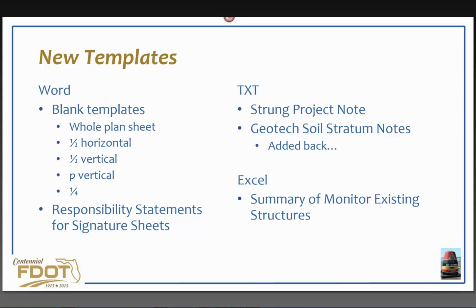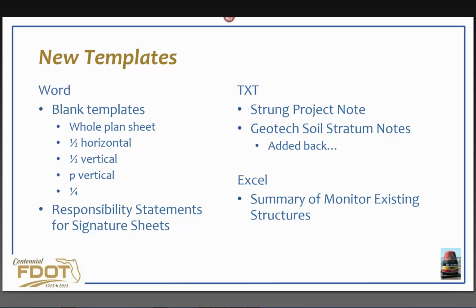And the reason for that is because we have the possibility of multiple types of engineers that could be signing and sealing a set of plans. You could have surveyors, PEs, geotechs, landscape architects, all signing and sealing the same document.